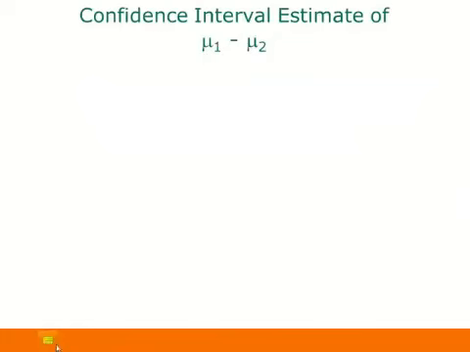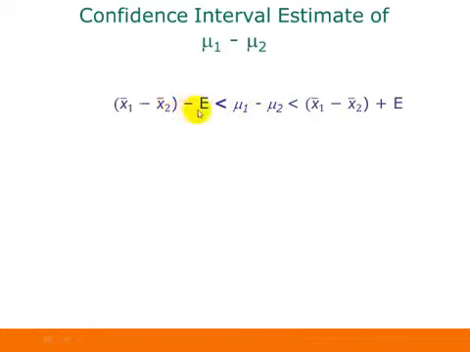So for a confidence interval estimate of mu sub 1 minus mu sub 2, that's our parameter that goes in the middle of our confidence interval. Our lower limit is going to be our point estimate, which is the difference between the 2 sample means, minus our margin of error. Our upper limit is going to be our point estimate plus our margin of error.